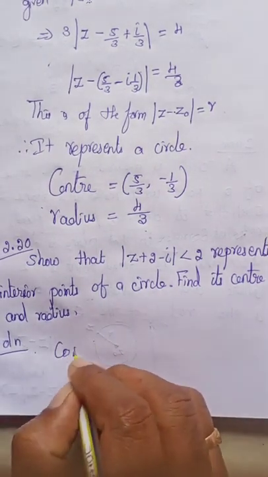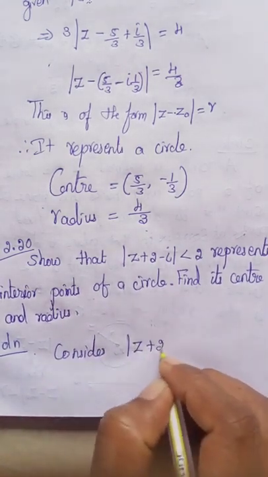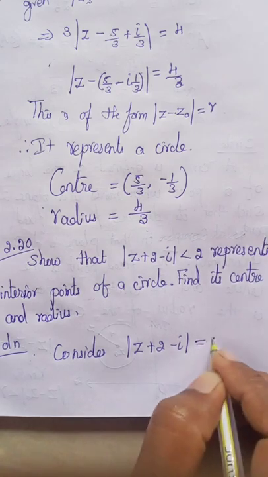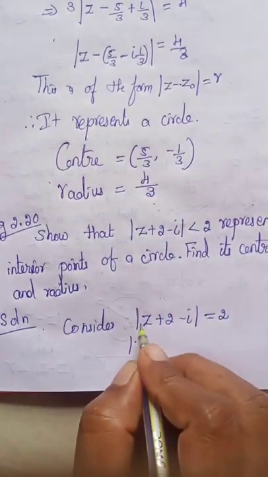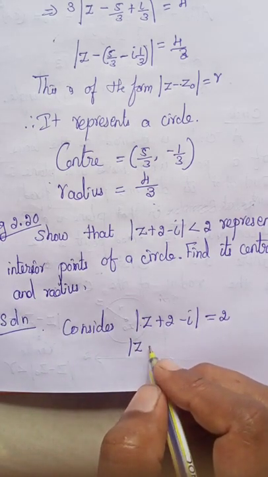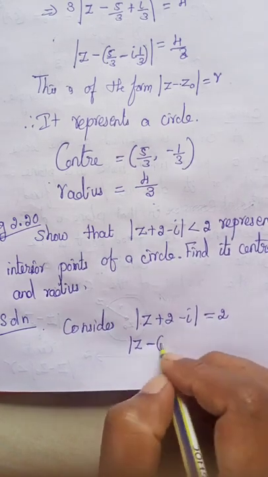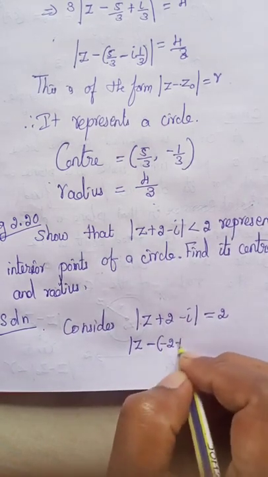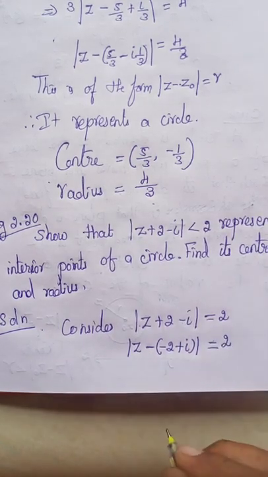See, for that I am going to consider modulus z plus 2 minus i equal to 2. So this is z, coefficient of z is 1. Actually for a circle it is z minus z0, so I am taking minus outside. So this plus 2 will become minus 2, minus i will become plus i, is equal to 2.